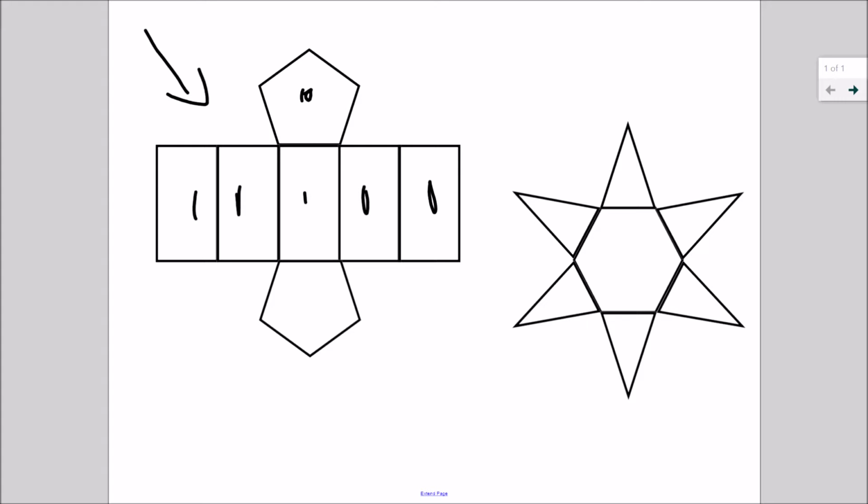Since it's based on a pentagon, I say the object is going to be pentagonal. And because it extends through rectangles, I know any 3D object that extends through rectangles in this way is called a prism. So this will be called a pentagonal prism.